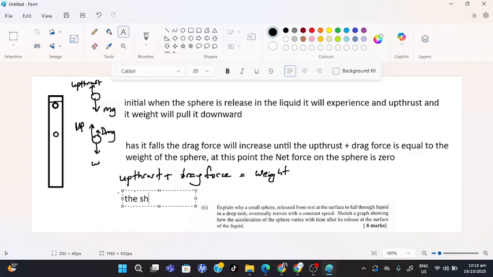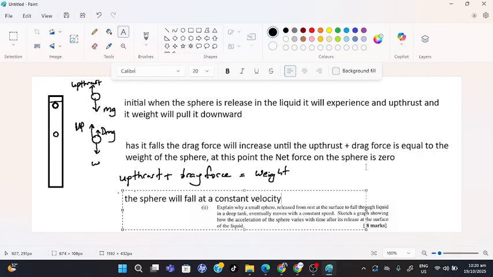The sphere will fall at a constant velocity known as terminal velocity, since the net force is 0.